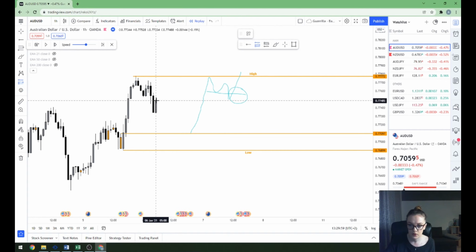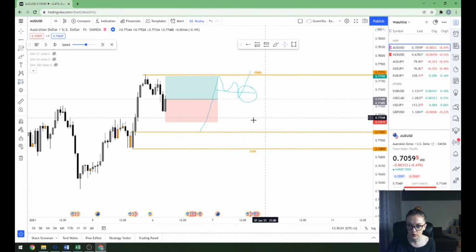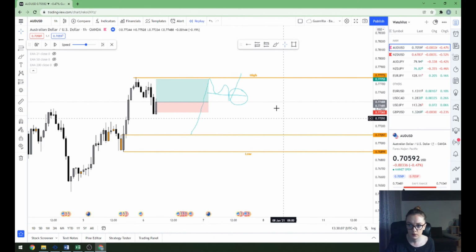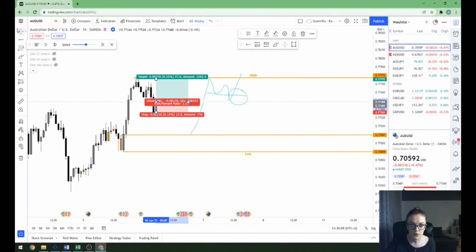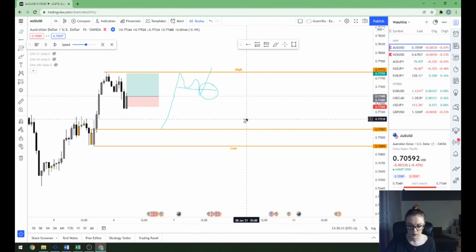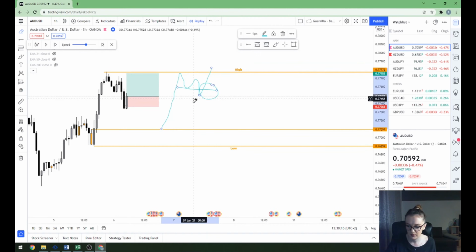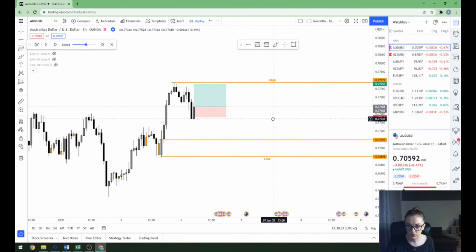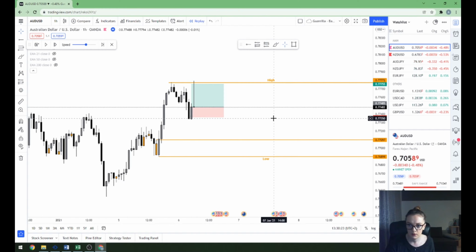So a long position at the end of this candle. Stop loss 120 points, as I told you. Wait a moment, please, to erase my art from here. Okay. And now we are in the position.